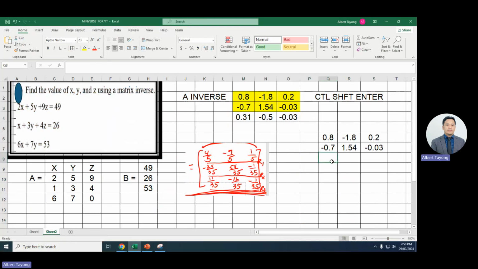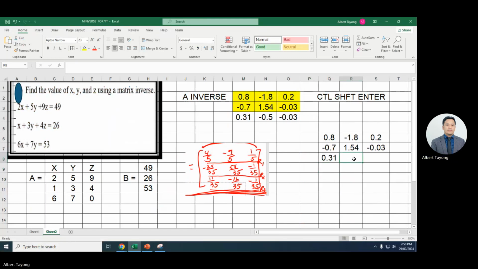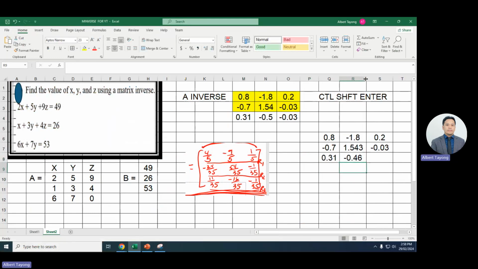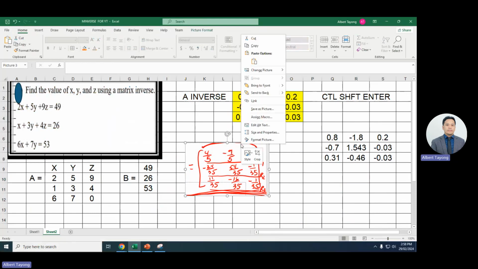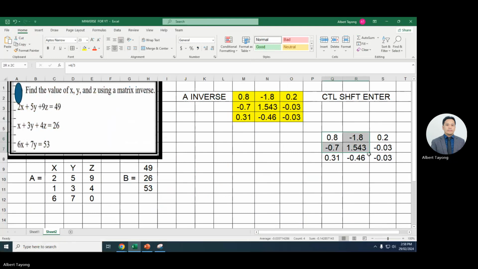For the last row equals 11 over 35, 0.31. Then we have negative 16 over 35. Okay, it's the same. And then we have negative 1 over 35. So it's correct. Okay, so that means our answer here is correct.